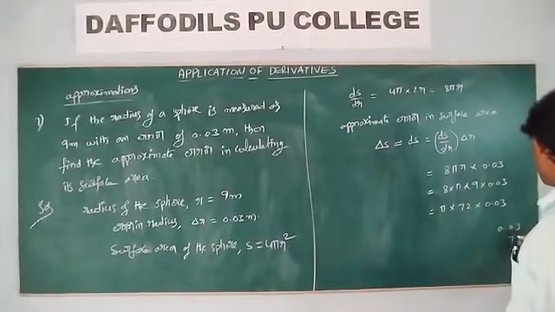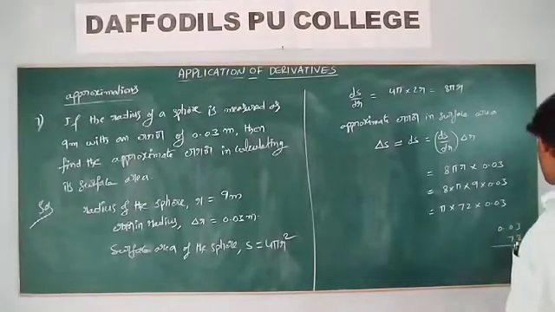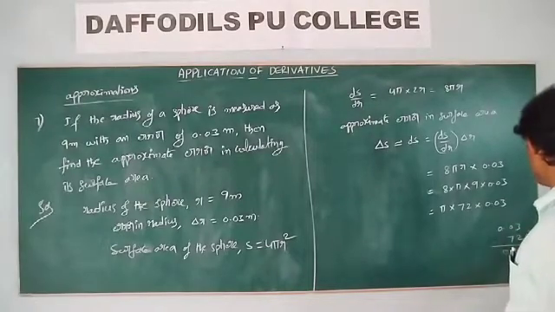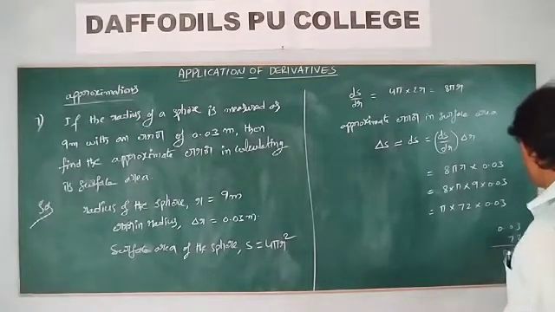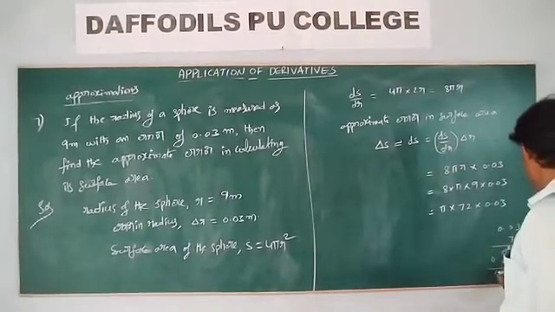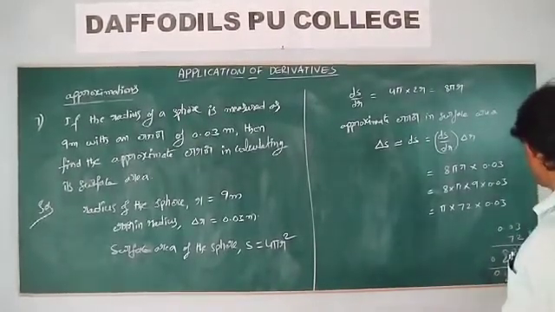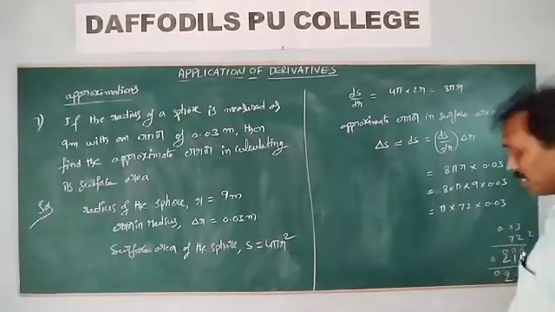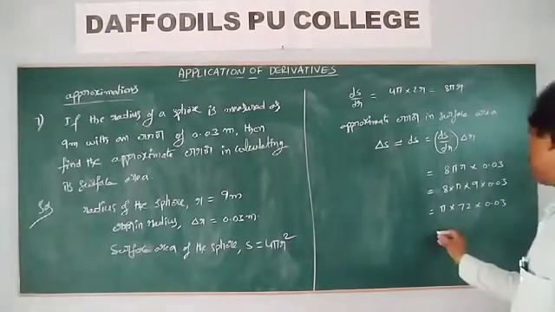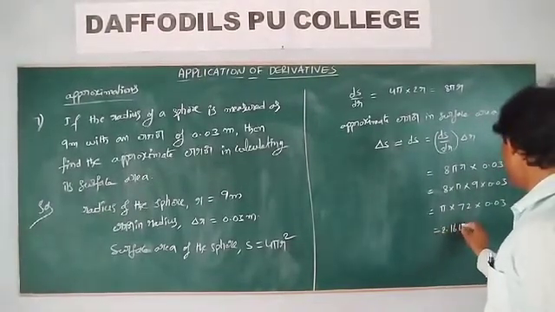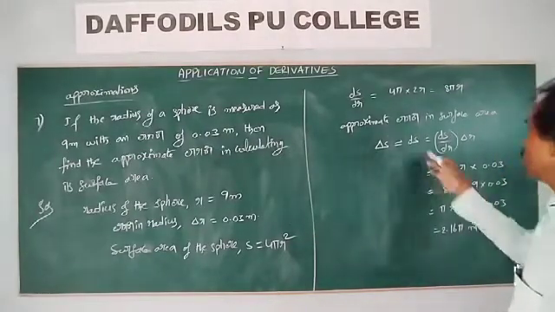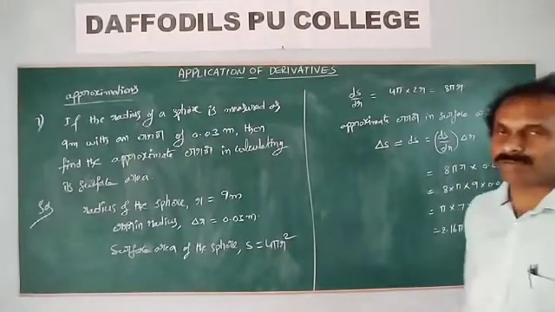Calculating, 72 into 3 gives 216. How many decimal points? Two, so 2.16. This is equal to 2.16 pi in meter square. This is surface area, so the unit is meter square.